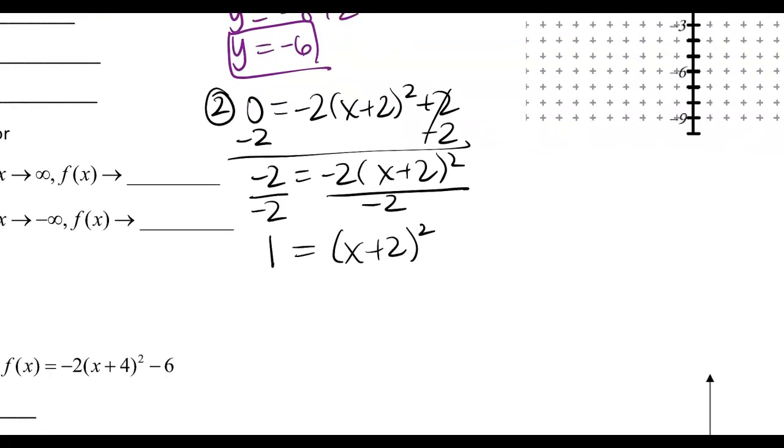Now what, Mia? Square root both. Okay. And when you square root both sides, be careful. What's the square root of 1? Plus or minus 1. Plus or minus. Please don't forget that plus or minus, guys. Once you take that square root, you don't need the parentheses anymore, and you just have this.